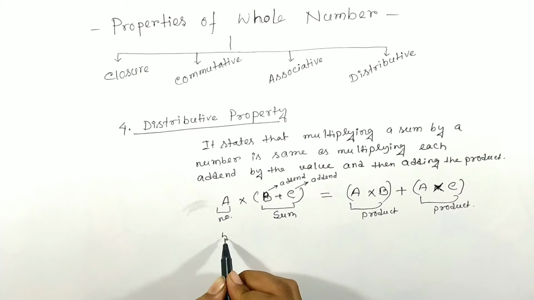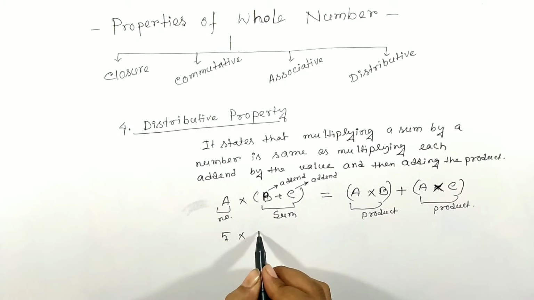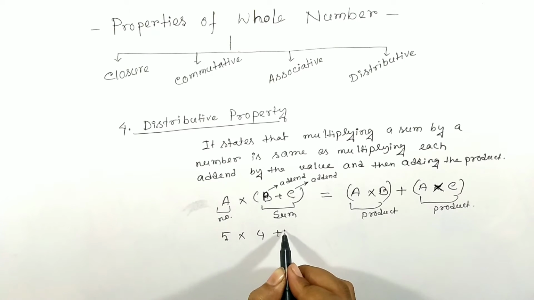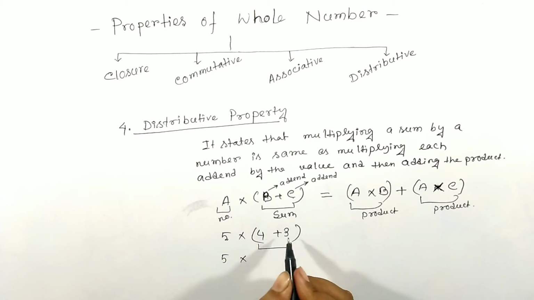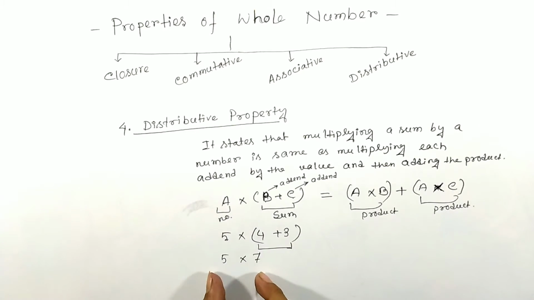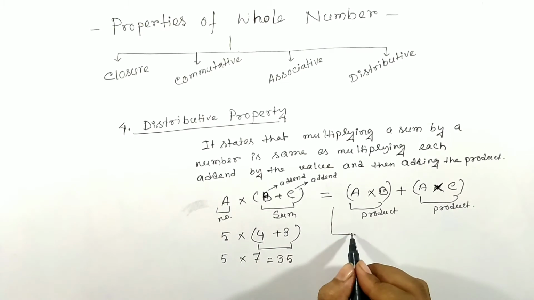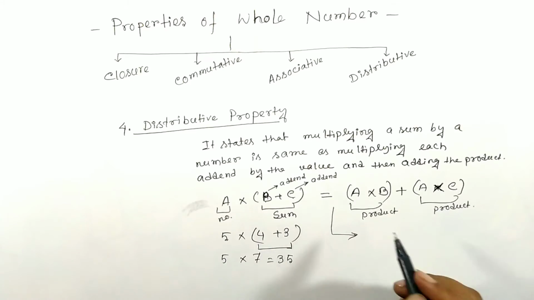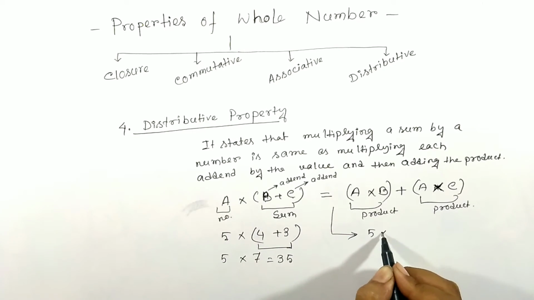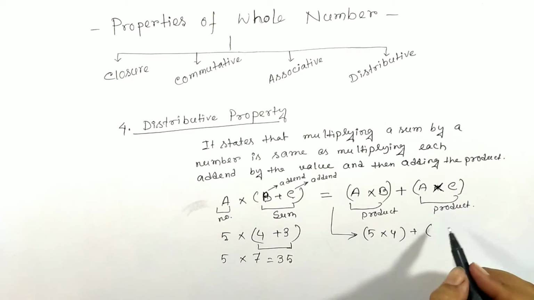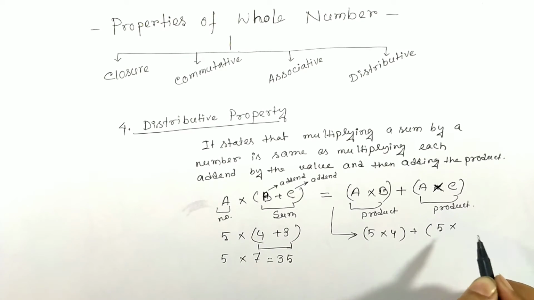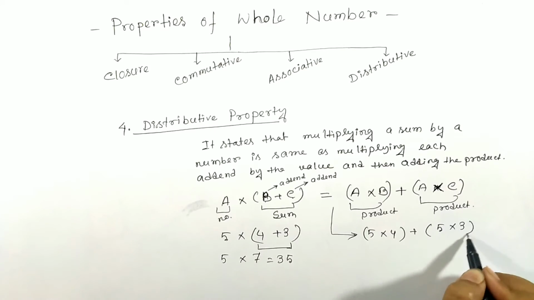How? Suppose A is 5, B is 4 and C is 3. You need to add them first. 5 into 4 plus 3, that is 7. So 5 sevens are 35. Now coming to that side. A into B, 5 into 4, plus A into C, that means 5 into 3.